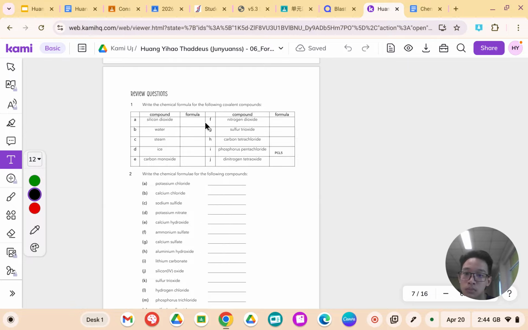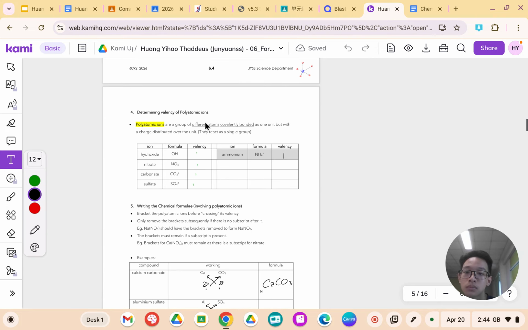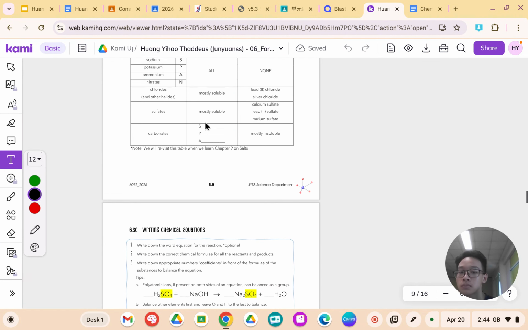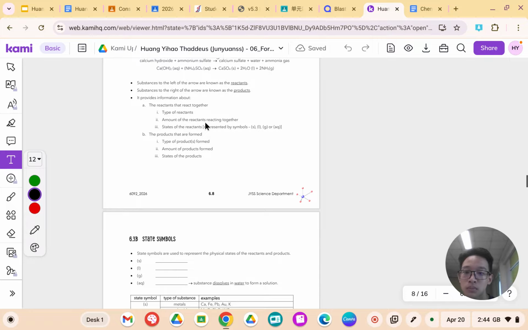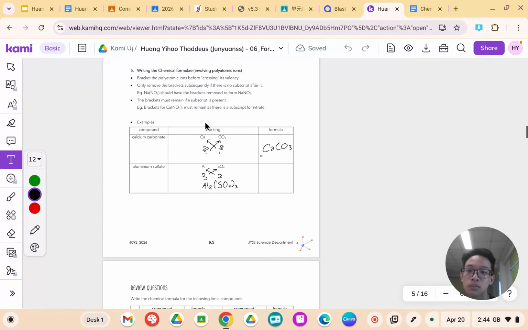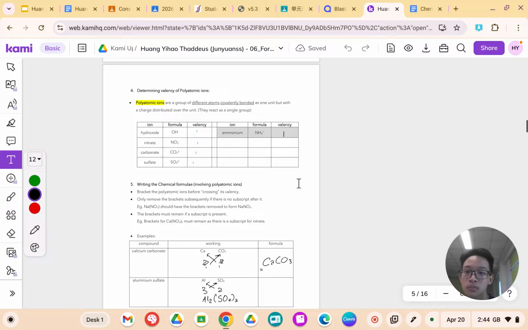If no information is given, then metals you have to write solid, metal oxide also. Insoluble salts. Okay, water always liquid. Molten substances liquid. Gas: by now you should know all the different kinds of gases. If nothing is given, you should know example like NH3, ammonia gas.